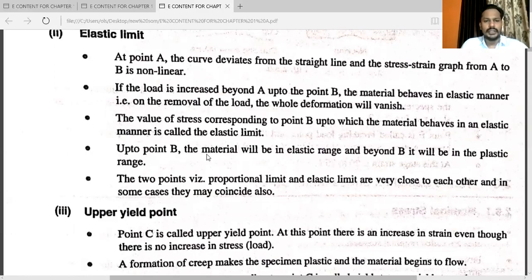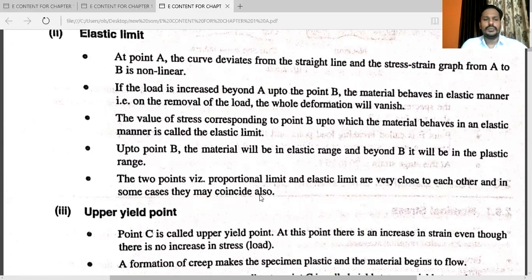Up to point B, the material will be in the elastic range, and beyond B, it will be in the plastic range. The two points, proportional limit and elastic limit, are very close to each other, and in some cases they may coincide also.